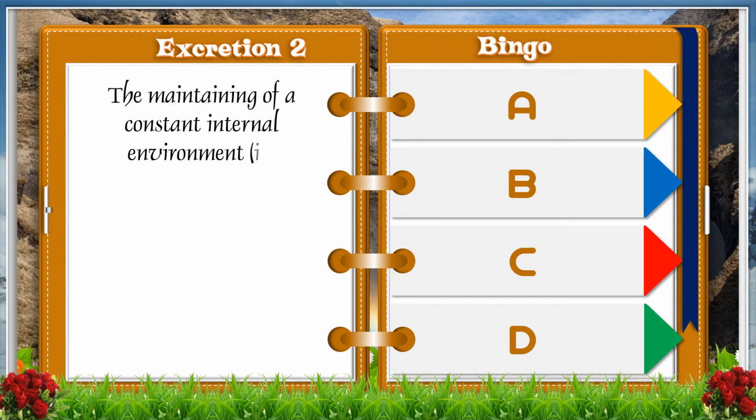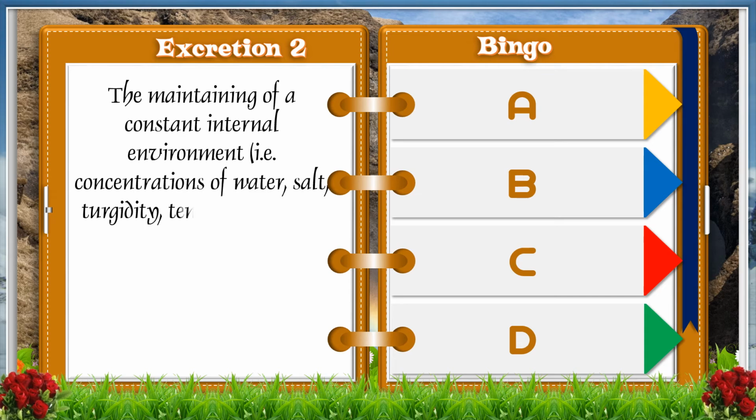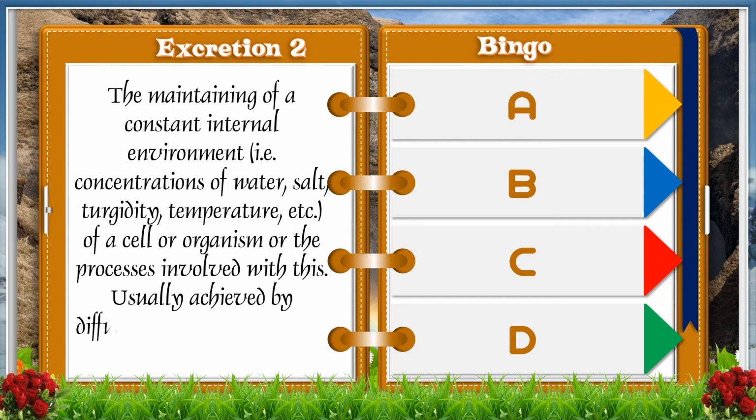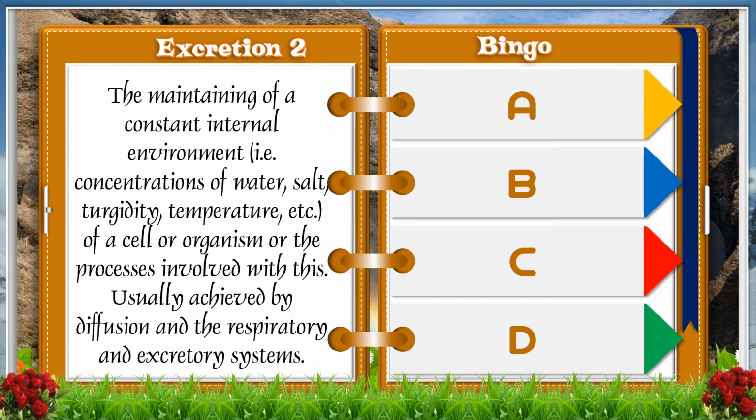The maintaining of a constant internal environment, that is, concentration of water, salt, turbidity, temperature, etc., of a cell or organism or the process involved with this, usually achieved by diffusion and the respiratory and excretory systems.